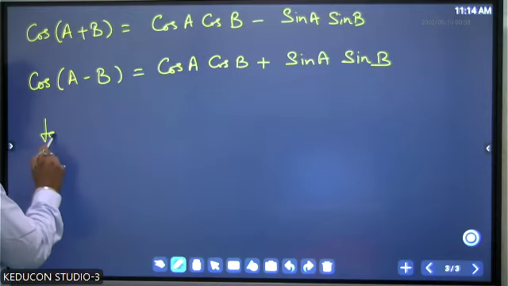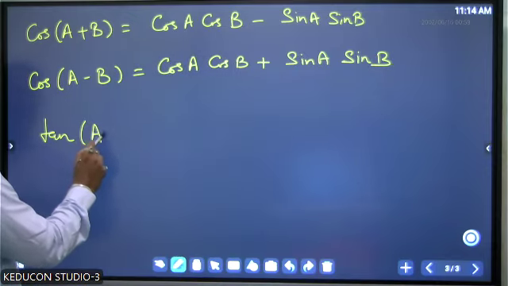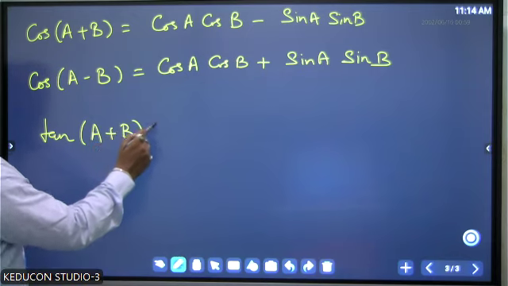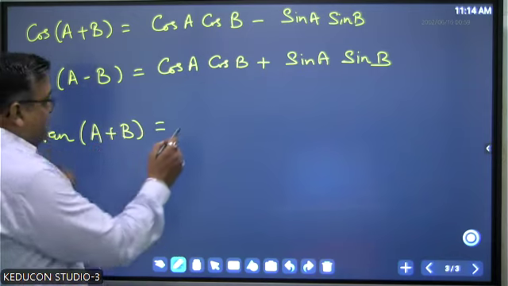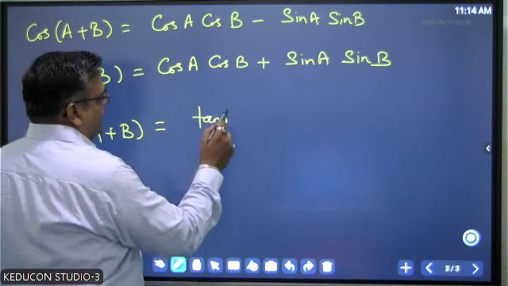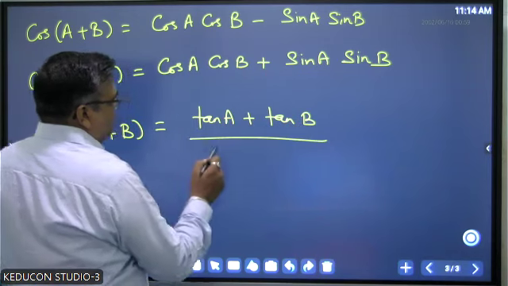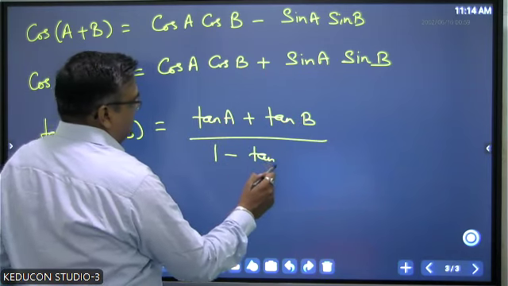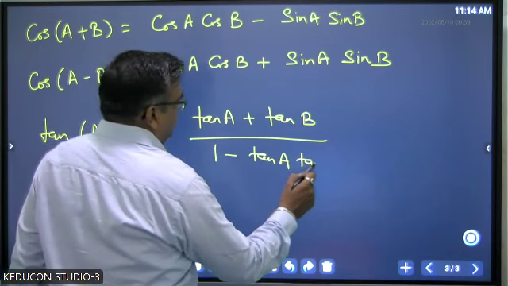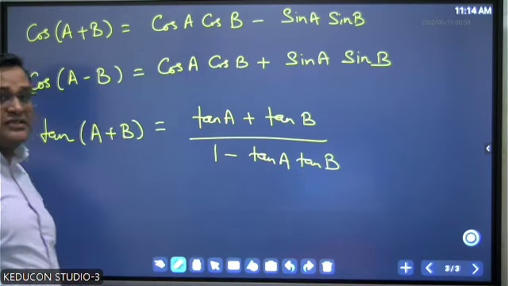Similarly, we have the formula for tan A plus B. This is tan A plus tan B divided by 1 minus tan A tan B. Right, students?